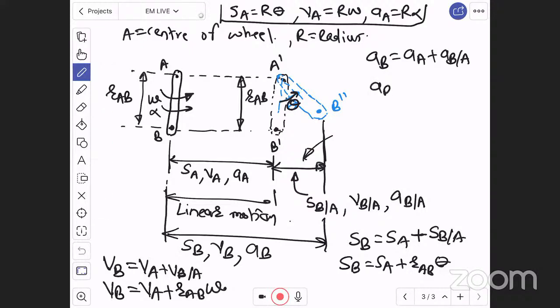Acceleration of B with respect to A is nothing but tangential acceleration plus centripetal acceleration. For circular motion, there are two accelerations, tangential acceleration and centripetal acceleration, that we have learned in previous lecture.